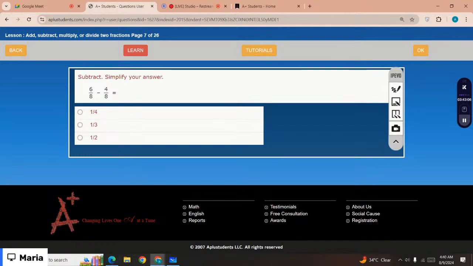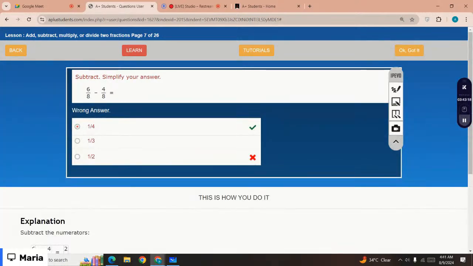Yes, that is 1 over 2. 1 by 2 is the correct option. One by 4? Yes, 6 minus 4 is 2 by 8, and then that would be 1 by 4. The correct option is 1 by 4.